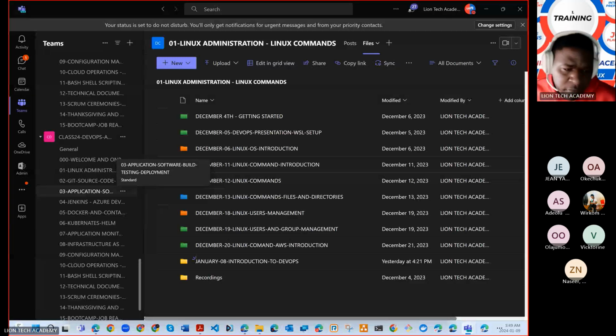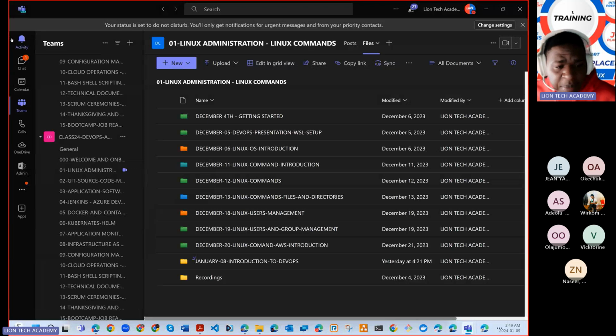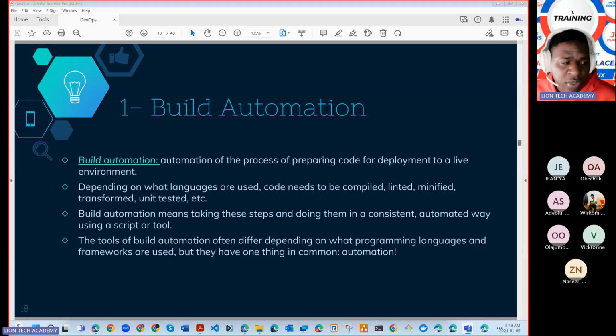So for example, if the application is a Java-based application, the build tool can either be Ant or Gradle. If the application is a Python application, we have PyBuild. If the application is going to be a Microsoft application, in most cases it's .NET, then of course what? We're going to use Microsoft Build.